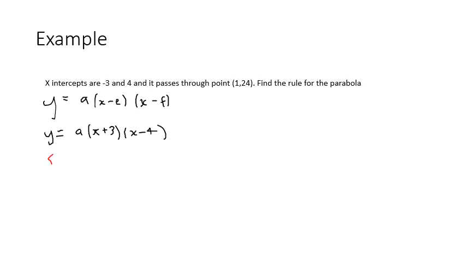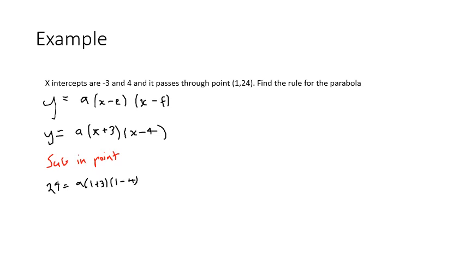And to solve for a, we are going to sub in the point that we know. So y will equal 24 and x will equal 1. So 24 is equal to a brackets 1 plus 3, 1 minus 4. So now in our heads we know 1 plus 3 is 4 and 1 minus 4 is -3.